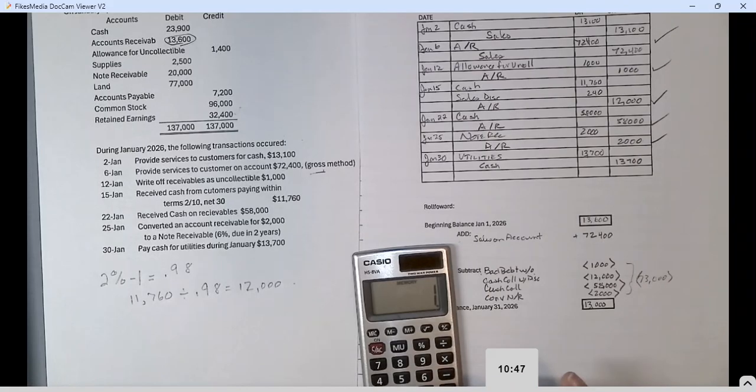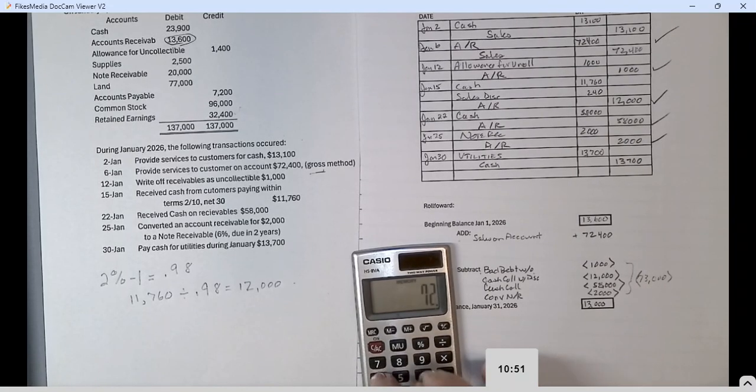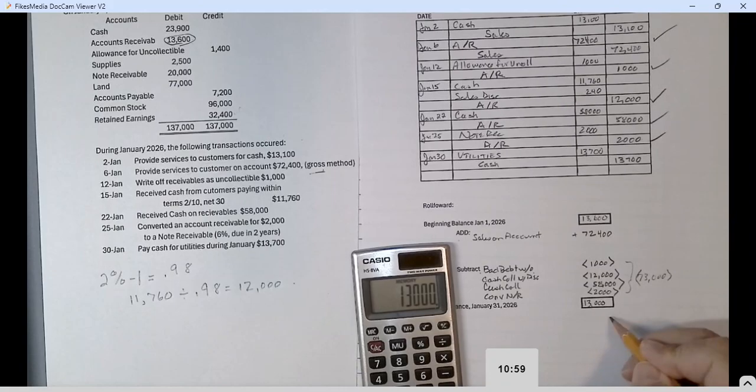So 13,600 plus 72,400 minus 73,000 equals 13,000. So I double check the math. It foots. I make a tick mark on my calculator or whatever, but I make some kind of a notation that I've checked my math.